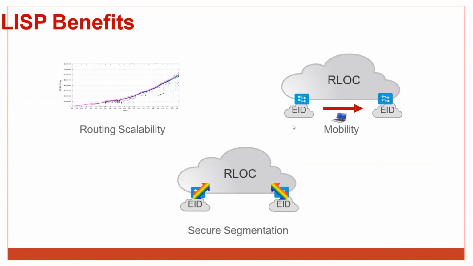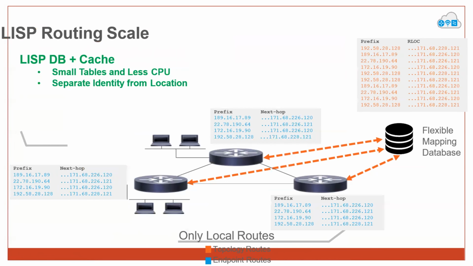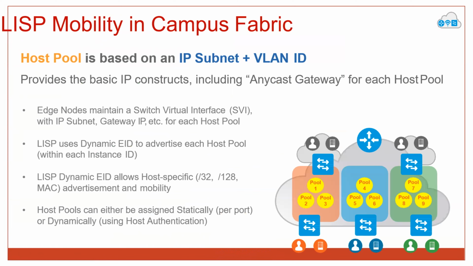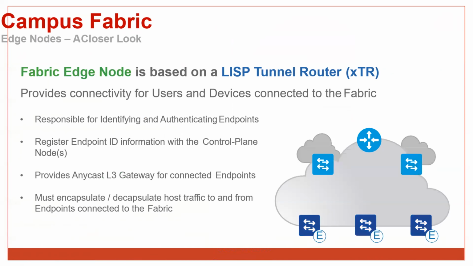Yeah. So you have your mapping system. That mapping system, is it like a database or a router? I'm looking at it in, I think, slide 132 in your week 2.